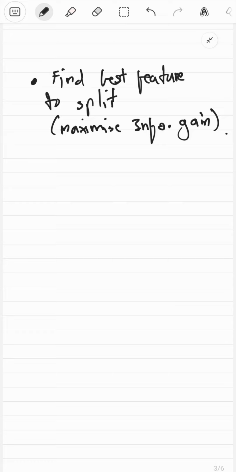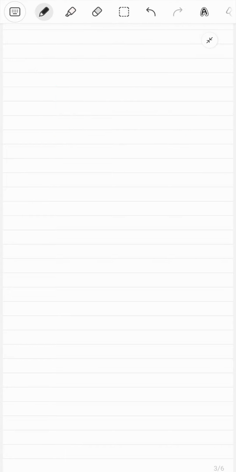All right, and yeah, that's actually the whole thing. That's all we need to do for this algorithm, and just keep doing this. That's pretty much it. Obviously you cannot split if your information gain is negative, but actually that doesn't quite make sense, right? Yeah, but anyway, let's go to the next thing. So we have the ID3 algorithm for decision trees.